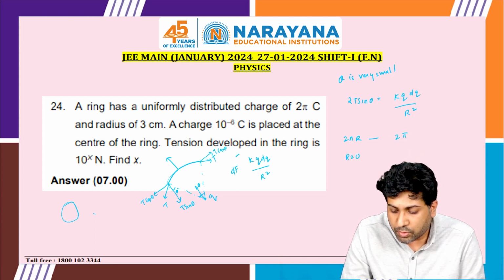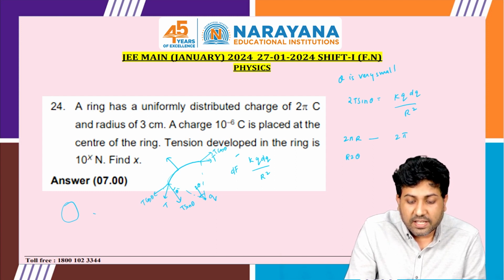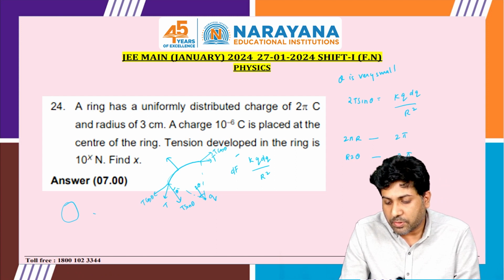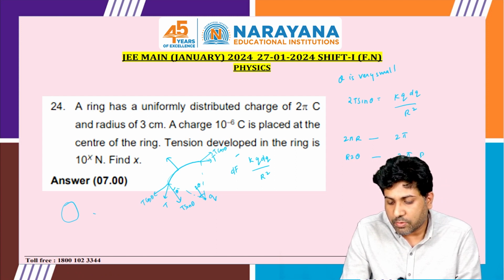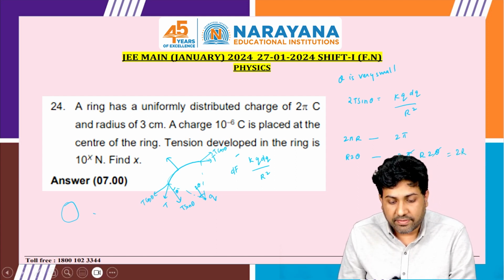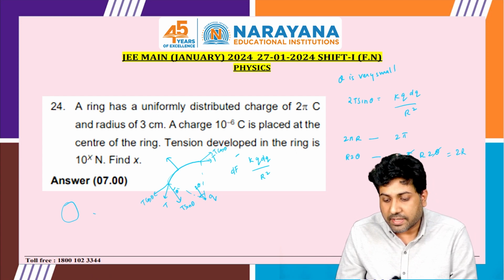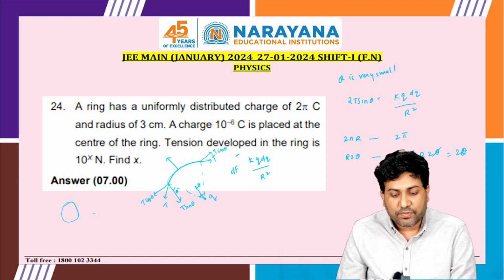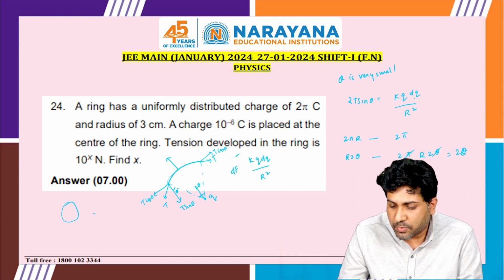That means r into 2 theta, which is the length of this element, will have how much charge? So it will be 2 pi by 2 pi r into 2 theta. 2 pi r cancel. Sorry, 2 theta amount of charge we have in this element.